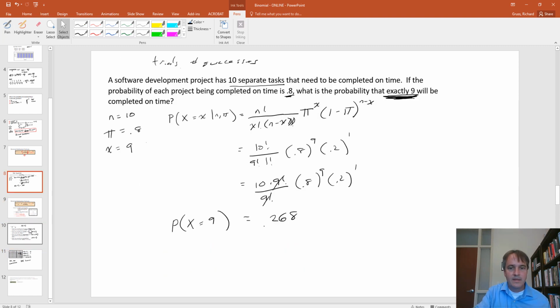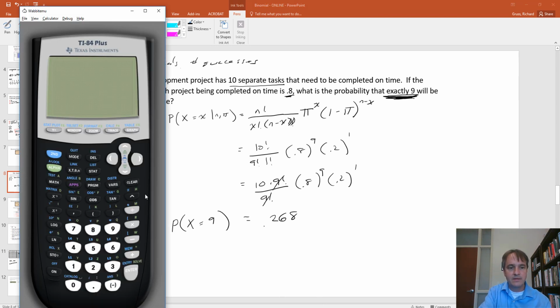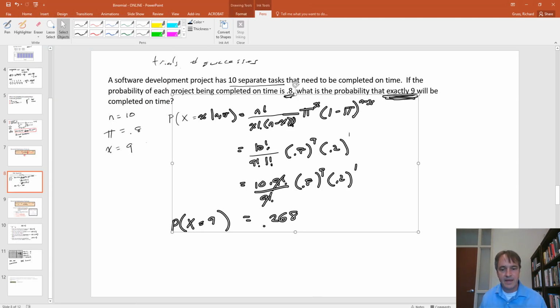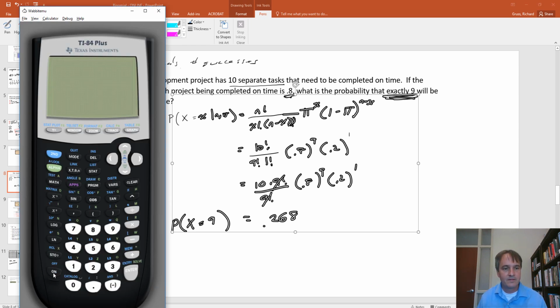Okay, so if we go back to our example here, we were looking for exactly 9 successes, and we calculated it manually on the calculator, and we wound up with this answer down here just by plugging the numbers into the formula.